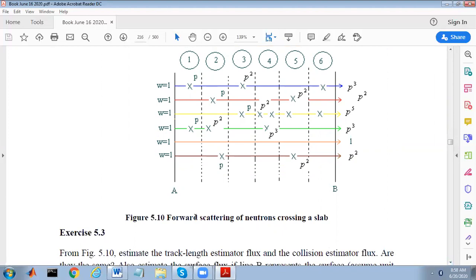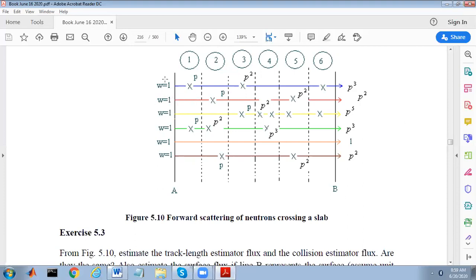So let's say that I've got a slab which is finite in the x direction, infinite in the y and z directions, and the two walls are A and B, and I've got neutrons or photons incident from the left face of this wall, and they emerge from the right face of the wall.